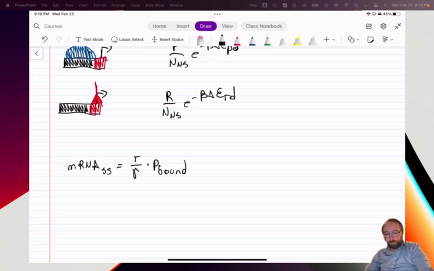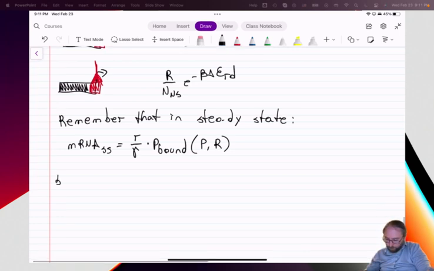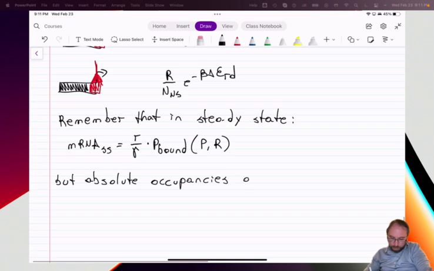And in this case, p bound is a function of P and R. So remember that in steady state, absolute occupancies are hard to measure.